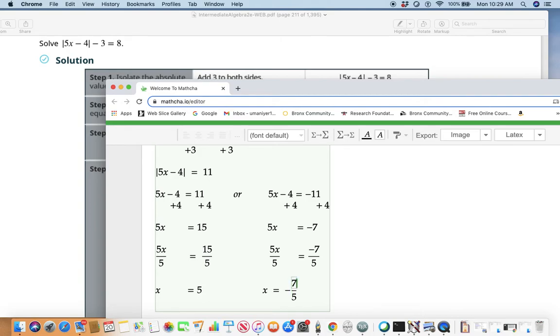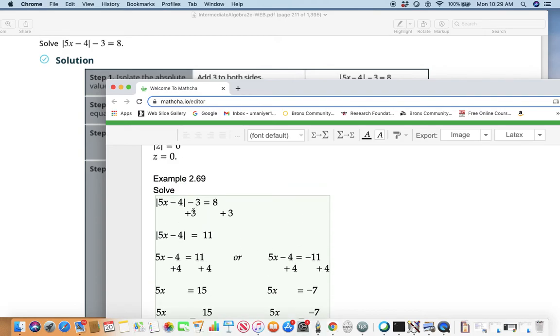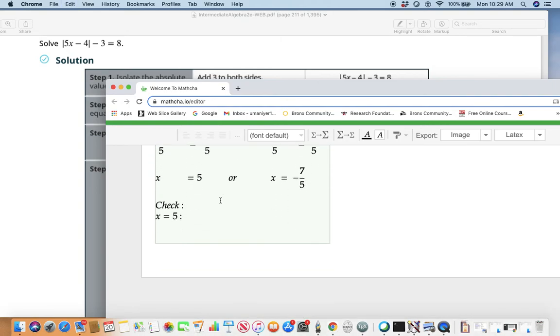So these are your two options. These are your proposed solutions, so don't forget to check. First you are checking x equals 5 in your original equation. How do we check?